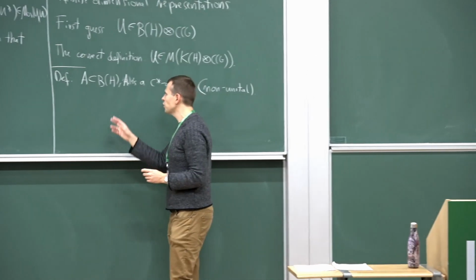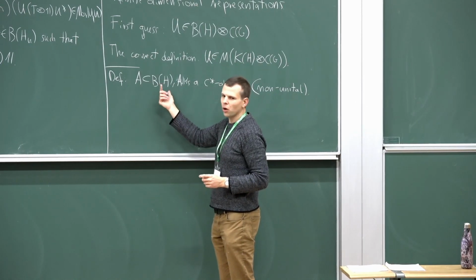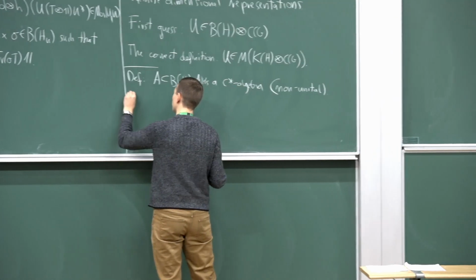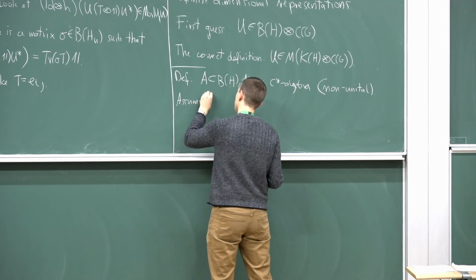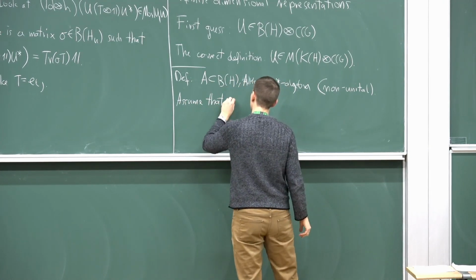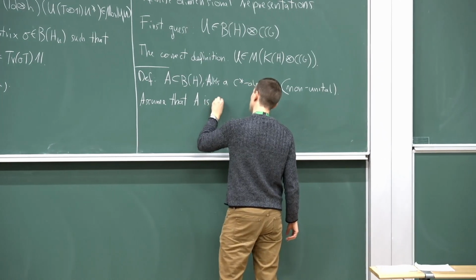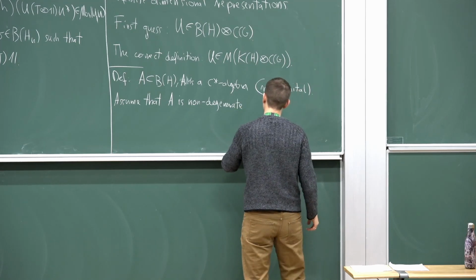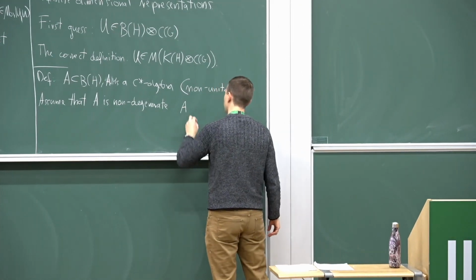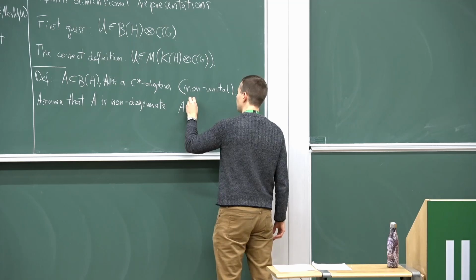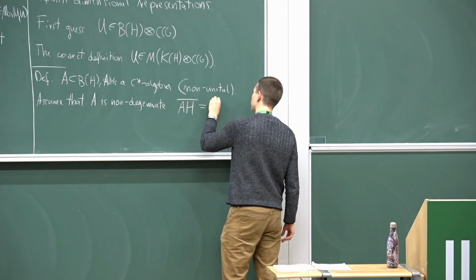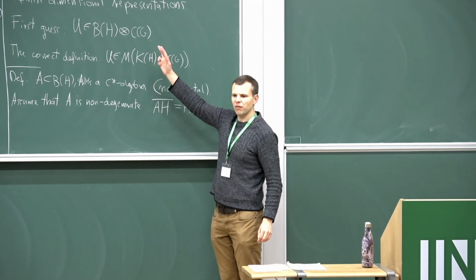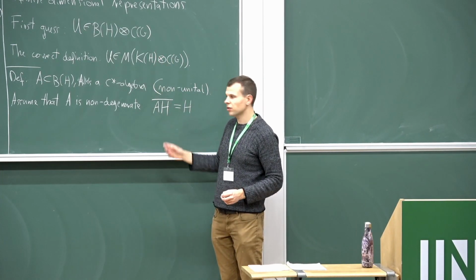Then assume that A acts on the whole Hilbert space, right? It's not reduced to some proper subspace. So assume that A is non-degenerate, meaning that if you act with all operators in A on all vectors in H, this is a dense subspace of H. Like for compact operators, you can move any vector to any other vector using compact operators, so you get this.